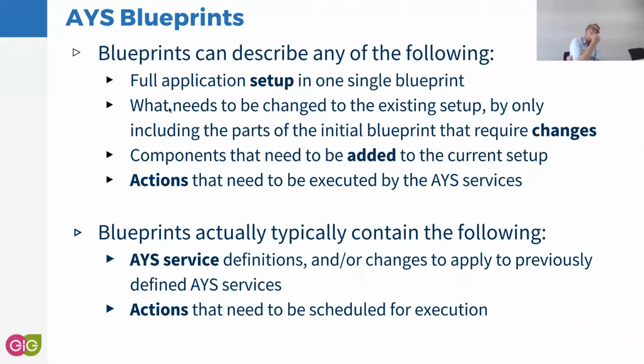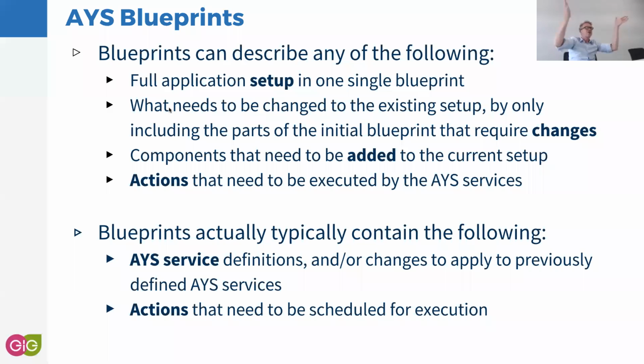A blueprint typically is also something that you use to change something in the initial setup. So you might have created a blueprint that described the full application, and then you say, I want to change something in it. And then you might say, okay, I resend the full blueprint. That's certainly also supported.